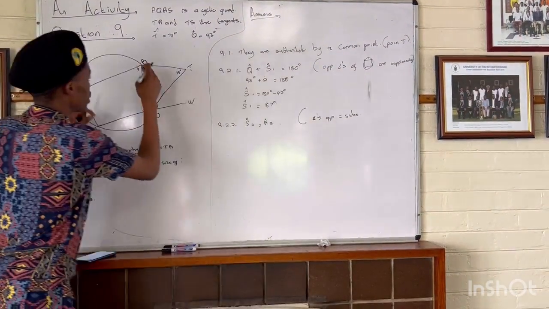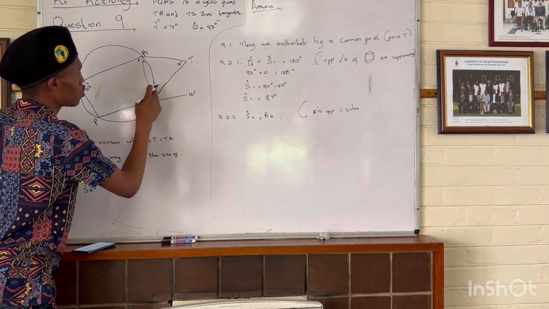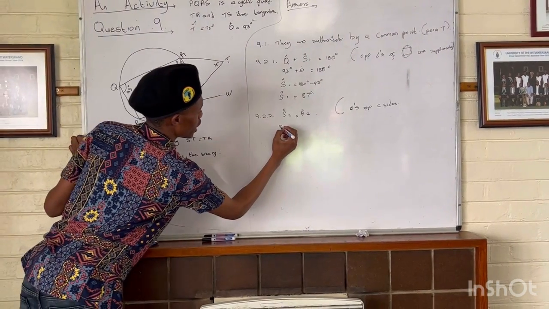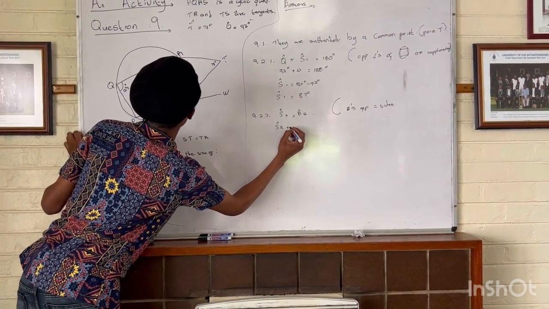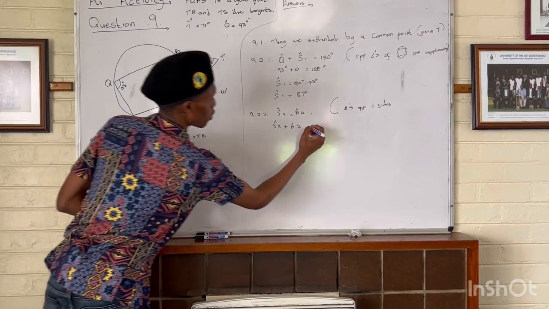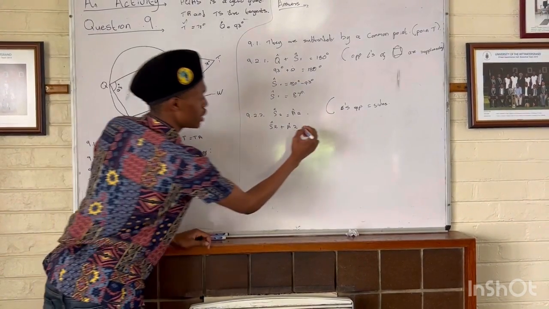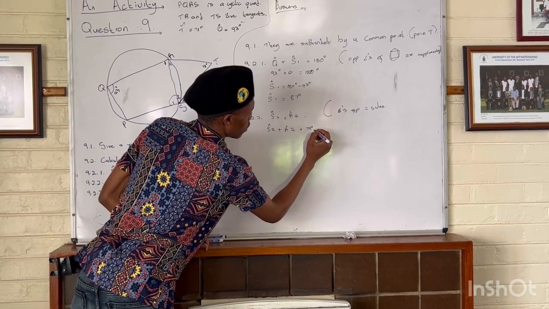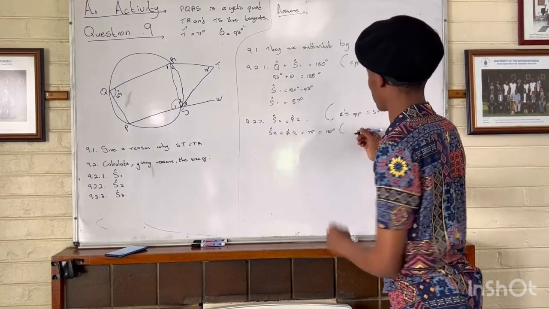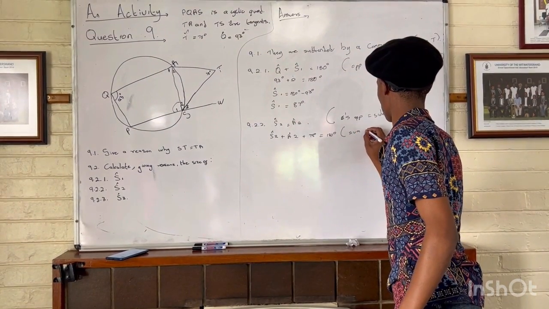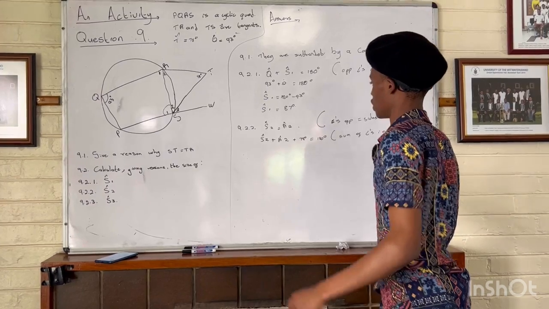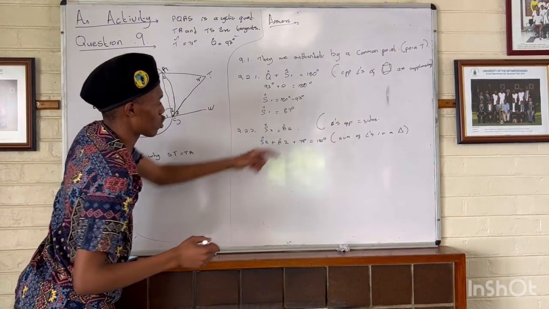Then we can say that R2, S2 and T are the angles in a triangle, and S2 plus R2 plus our T, which is 78, is equal to 180 degrees. Sum of angles in a triangle. Then we know that S2 is equal to R2.